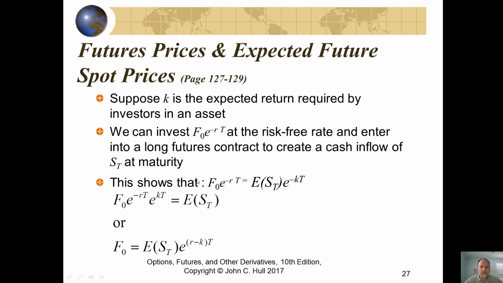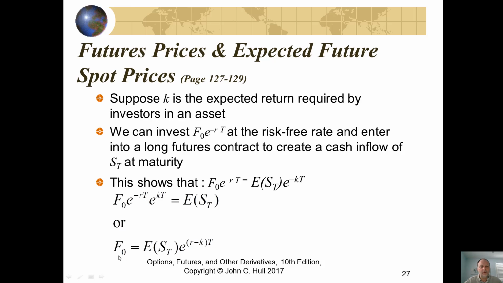So this today will equal S of T at maturity. Well, if people expect a rate of return K from investing in an asset, say the stock market, between now and maturity, then that has to equal the same thing as the expected spot price at maturity times e to the minus KT. We can rearrange this equation in multiple different ways. One of them is shown down here. F naught equals the expected spot price at maturity, e to the R minus KT.